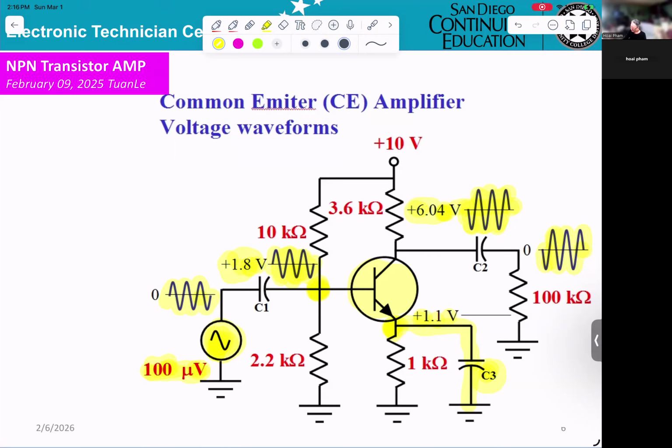And also at the base you get 1.8 volt DC. Okay? So if you don't know how to use the scope in order to see the signal, it will give you a hard time. Okay?